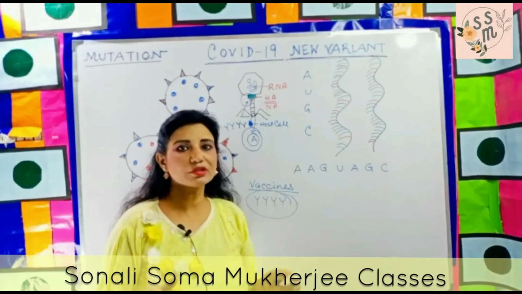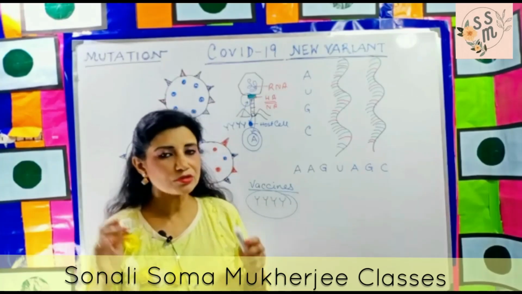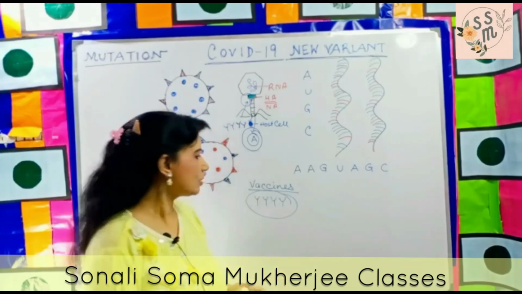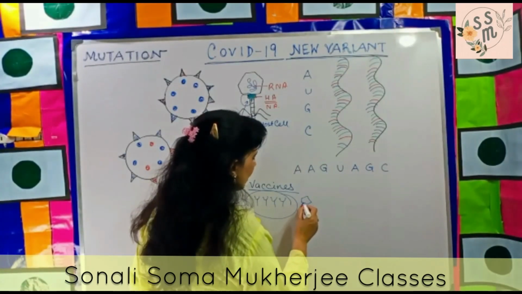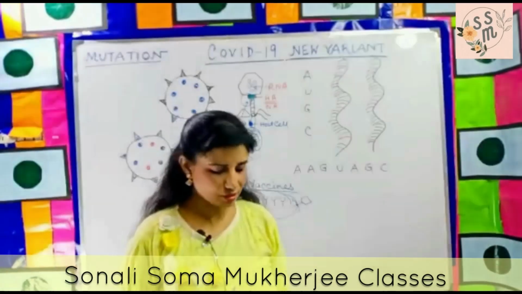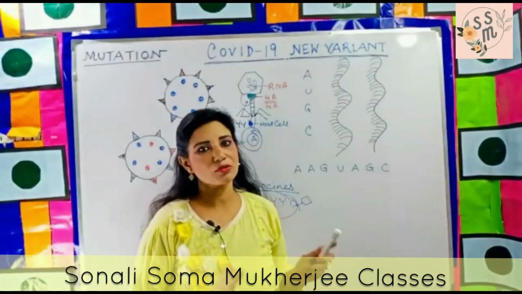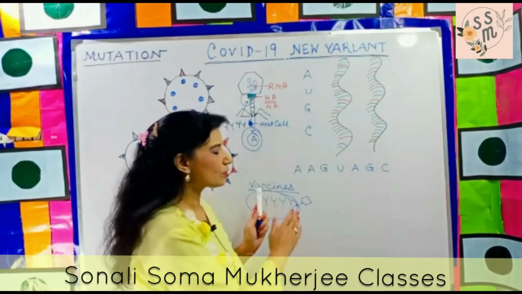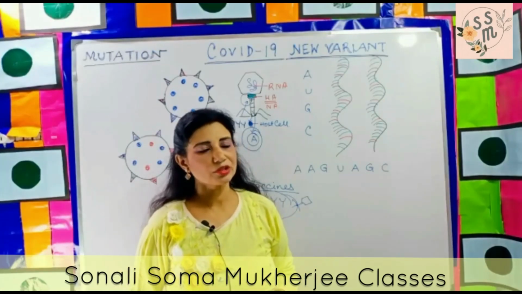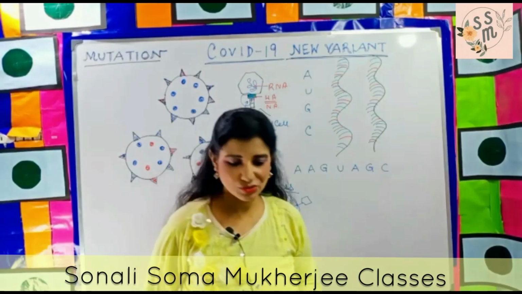It has a good immunological memory also. It remembers its enemy, that yes, this was the virus that attacked earlier, and now when it attacks, I am going to bind it with the proteins and keep my host cell and my body safe. This is the work of the vaccine and our body's immune system.